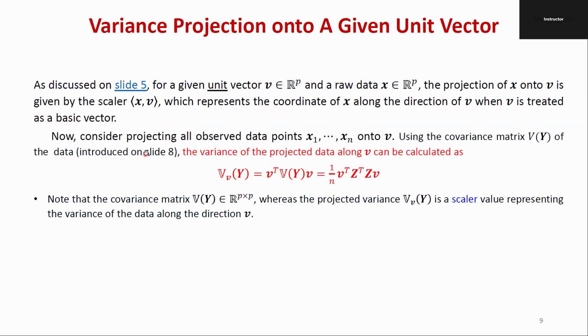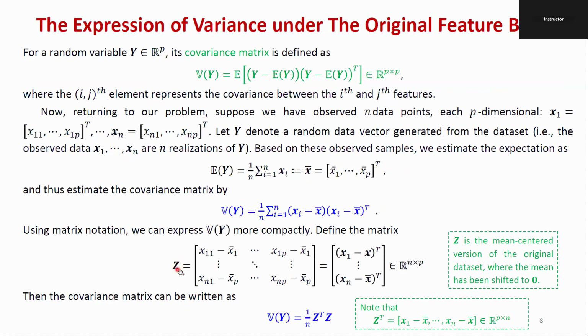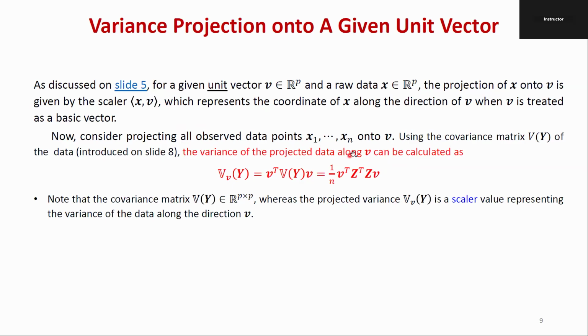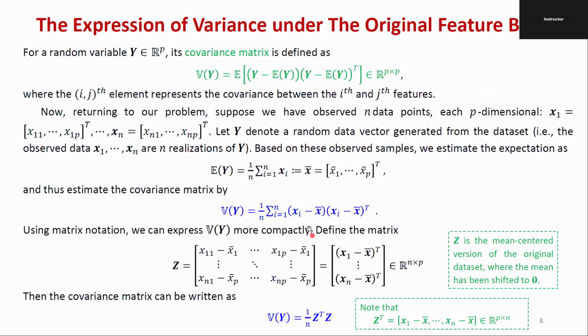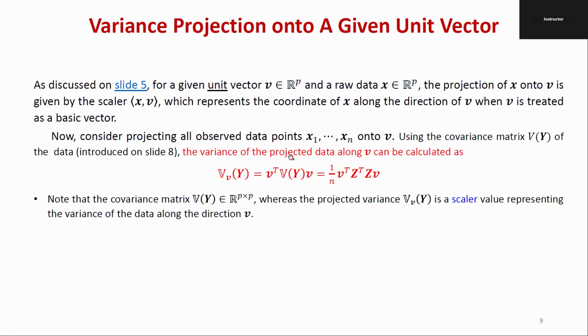Now consider I project all those observed data from x1 to xn onto v. How can I make it? First of all, to make our life easier, remember, since it's a covariance matrix, I do need to make each data point mean-centered. And since Vy is in this way, for each data point I will have a projection onto v.